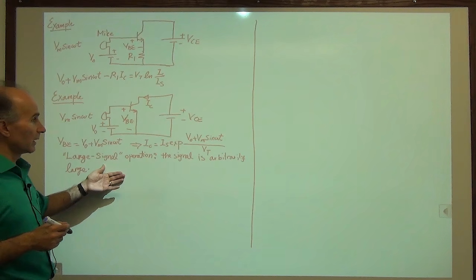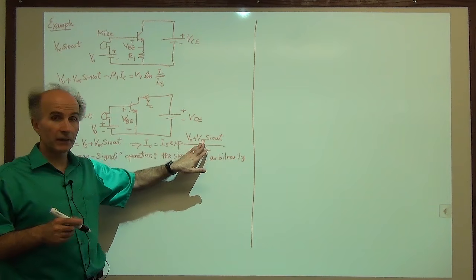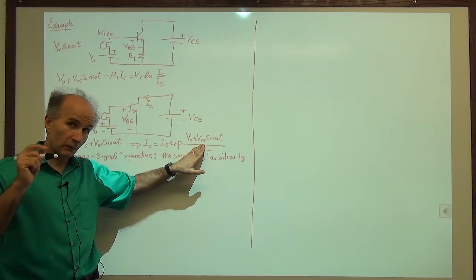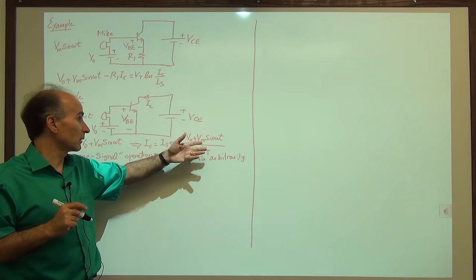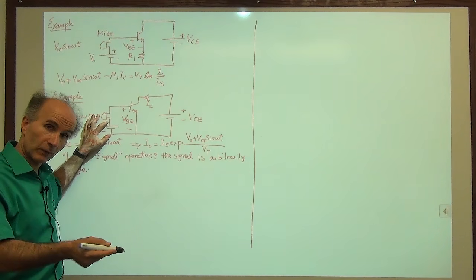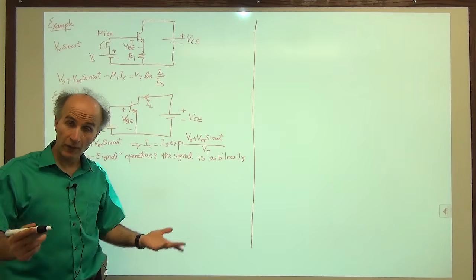Large signal operation means that this signal, which is coming from the microphone, doesn't have any limitation on it. Of course, as long as we are in the forward active region. So this signal could be some amount. V0 is how much? 750, 800 millivolts. How much is Vm? Vm could be 100 millivolts, 200 millivolts.